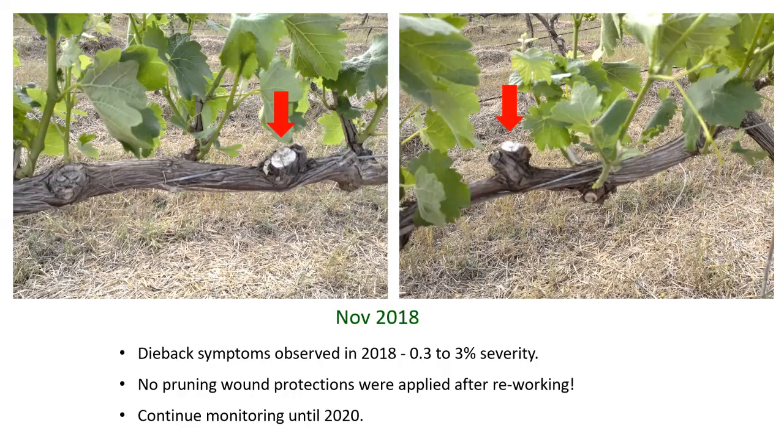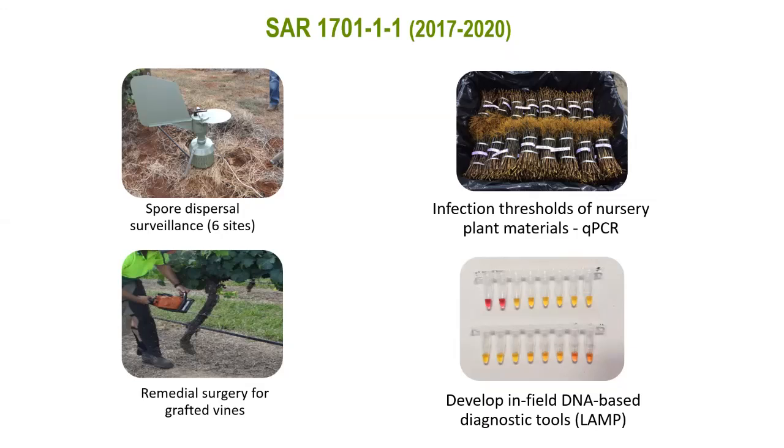Now in 2017, we further got funding from Wine Australia to continue with this project. And now we have expanded our spore dispersal surveillance to 6 sites. We're also currently looking at infection thresholds of nursery plant materials to see whether these contaminations from the nursery plant materials may actually contribute to the infection in the vineyard, since there's no data available in Australia about these nursery plant materials.